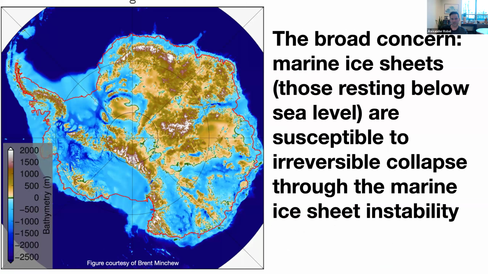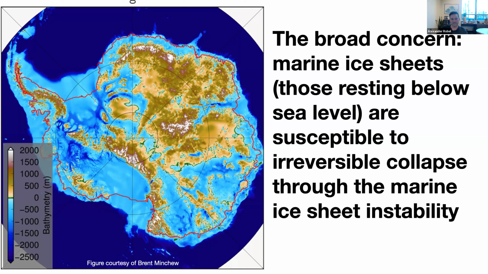So a marine ice sheet is an ice sheet like large parts of Antarctica, where the bottom of the ice sheet is resting below sea level, or on sea floor, what would otherwise be sea floor. So what this map on the left shows is a map of Antarctica if you took all the ice off of it. And so areas in blue are below sea level, and areas in brown and green are above sea level.